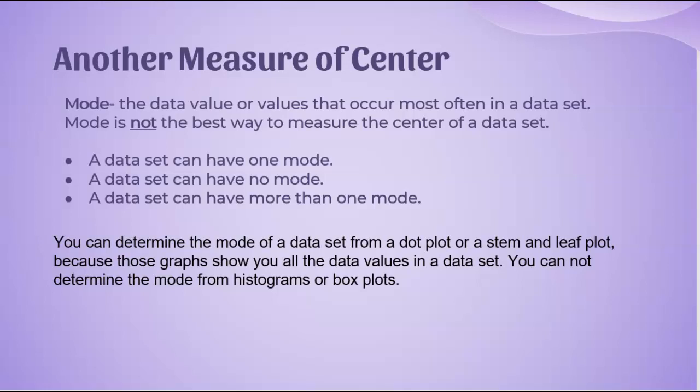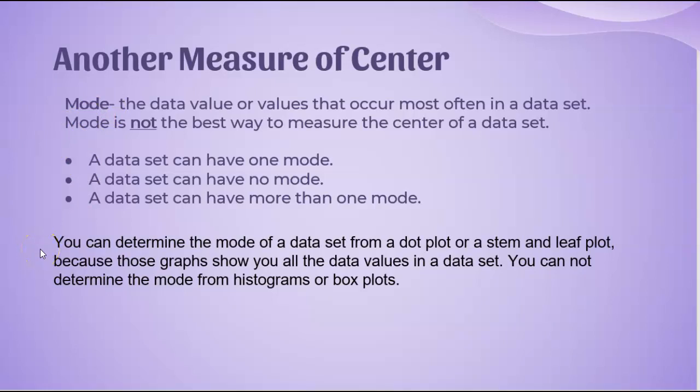However, it's not a very good measure because there are so many different things that can happen in a data set. We could say that there's one mode, a data set can have no modes, or a data set can have more than one mode. So the mode is just the value that occurs most often in a data set.